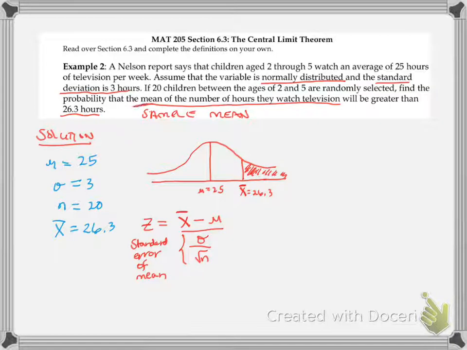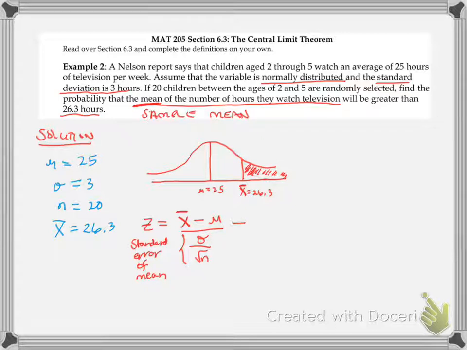When we're referring to sample means, you use this as your z-score, as opposed to 6.2, where we didn't talk about means in those problems, so we used just the regular formula to figure out our z-score.